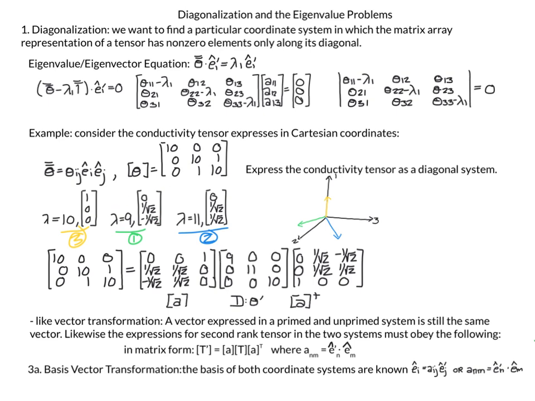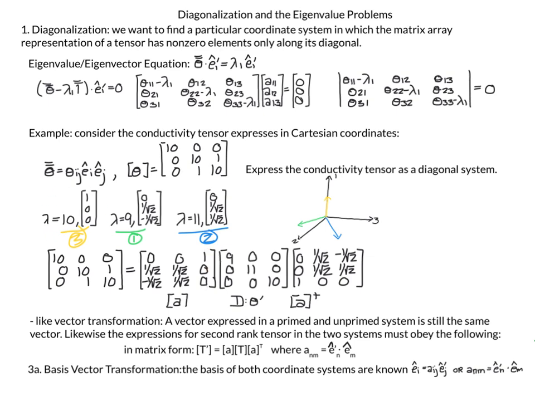So we started with 9, 11, 10, which means for our transformation matrix, in the same order, we're going to do the eigenvectors. So it's 0, 1 over square root of 2, minus 1 over square root of 2. Then we did the 11. So the vector associated with 11 is 0, 1 over square root of 2, 1 over square root of 2. And then we did 10. So the vector associated with 10 is 1, 0, 0.